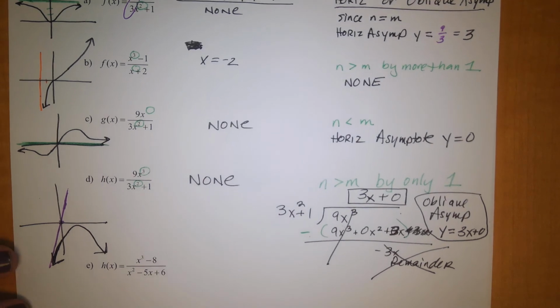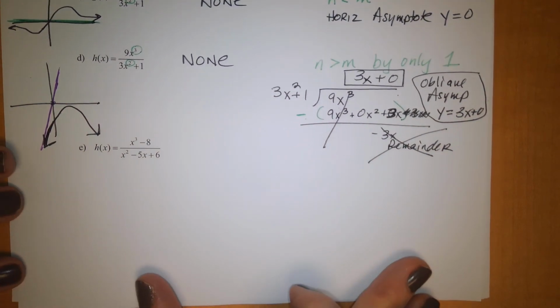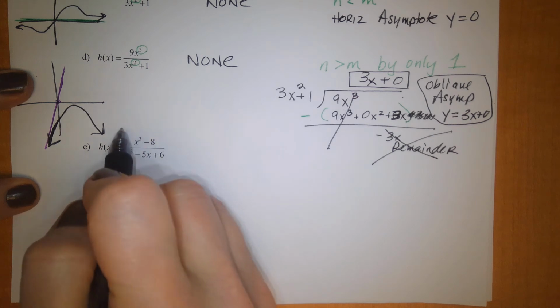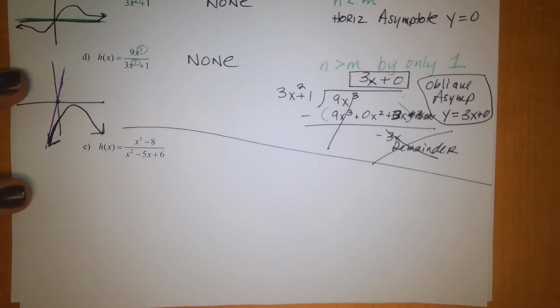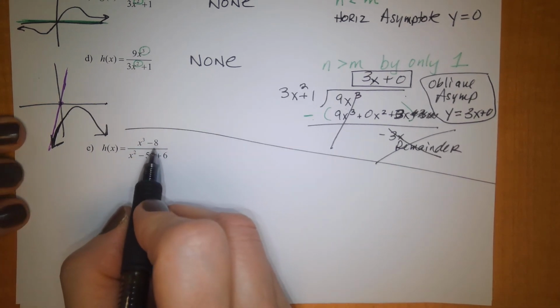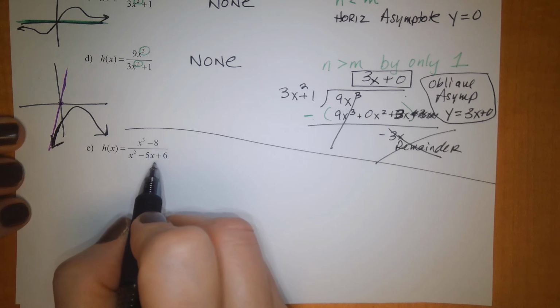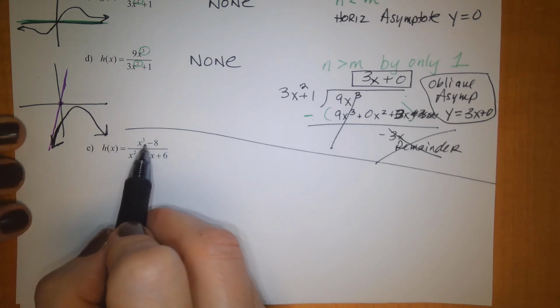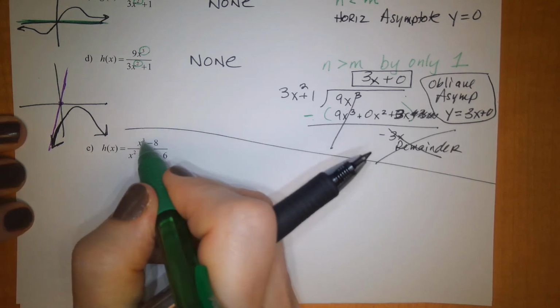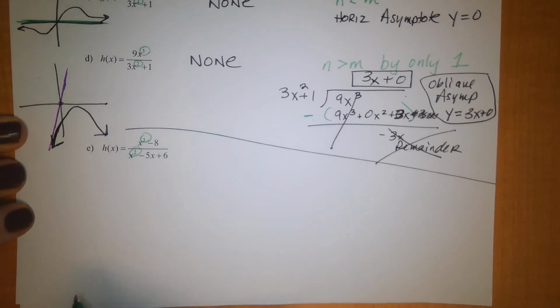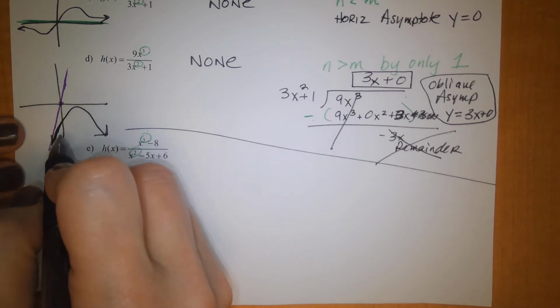Okay, let's try one more. I think we need to do another oblique asymptote example. So one more time, we have a rational function, and the numerator degree is again bigger than the denominator degree. So you're going to, oh, this actually was the wrong graph up here.